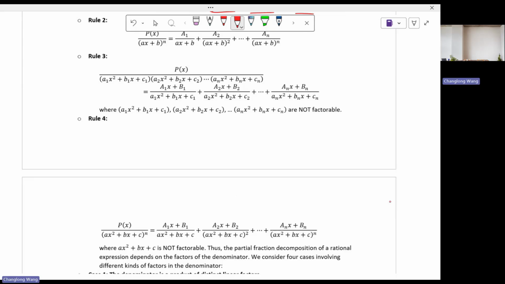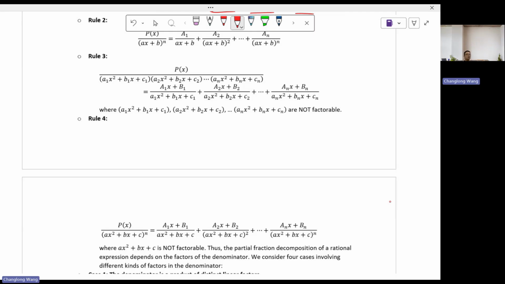Now, it's good to understand that you're only supposed to do partial fraction decomposition if the numerator you start with is at least 1 degree lower than the denominator. And as you're getting those partial fractions, whatever you put on the numerator is supposed to be at least 1 degree lower than the factors on the denominator. If it's quadratic, then you have to be open up to the first power. Okay.